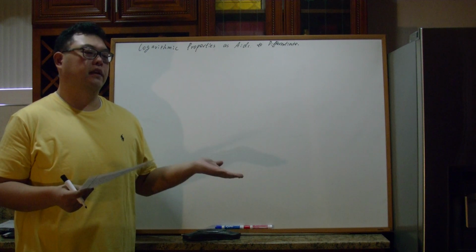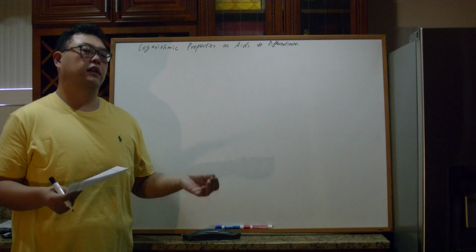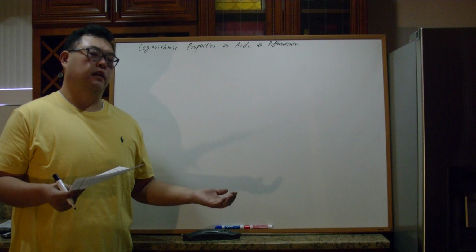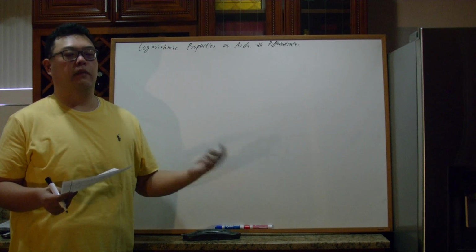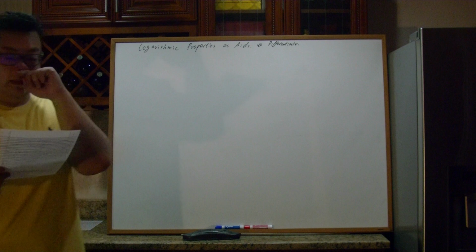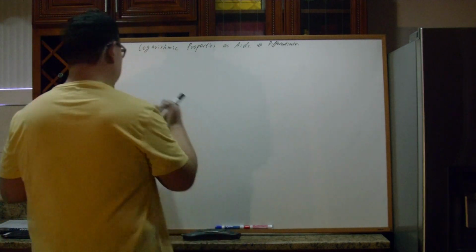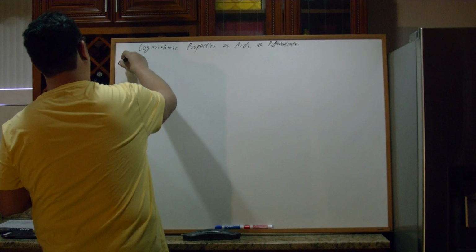Inside the logarithm, multiplication becomes a sum of logs, division becomes a subtraction of logs, and the power becomes the coefficient, right? That's all the properties we have. So we can use those properties to differentiate.